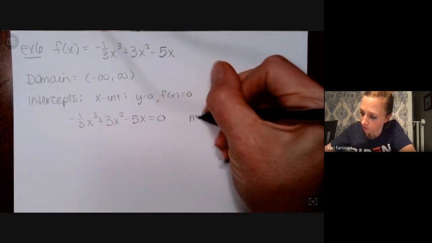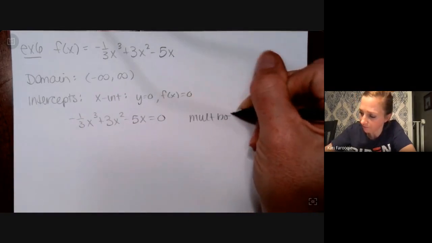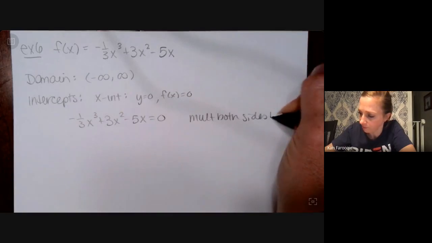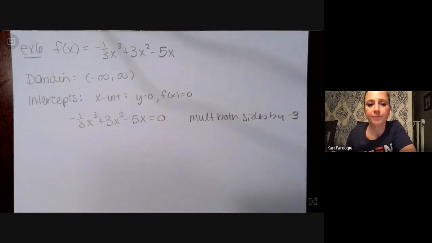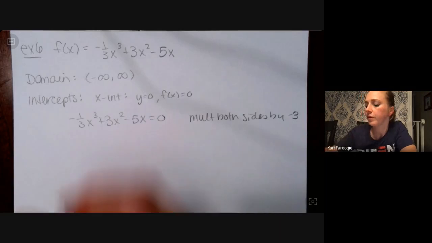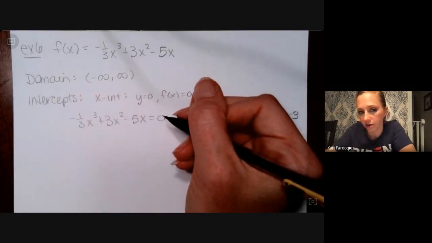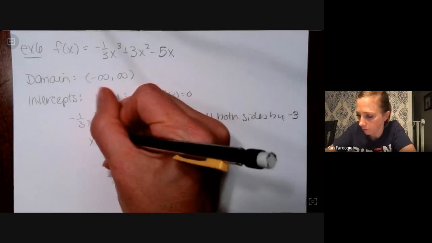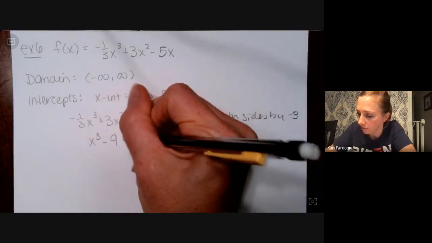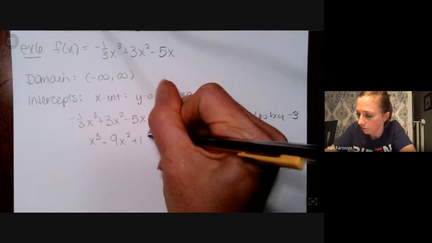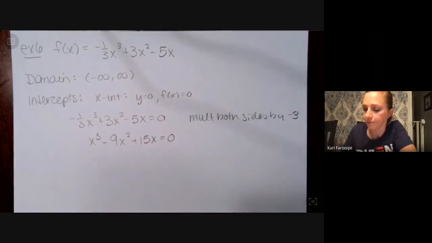So I'm going to multiply both sides by -3. When I do that, -3 times -1/3 is +1, and then -3 times 3 is -9, and -3 times -5 is 15.